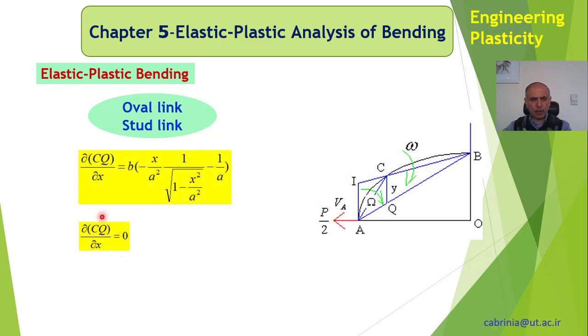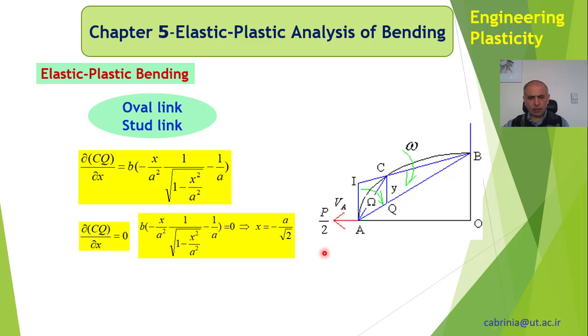Therefore, if we put the differentiation of cq relative to x equal to 0, we obtain the maximum for cq, or y, which is what we wanted. Because if we substitute for y in the previous expression for p over 4m, we get the minimum value for the collapse load. So x is equal to minus a over root 2.